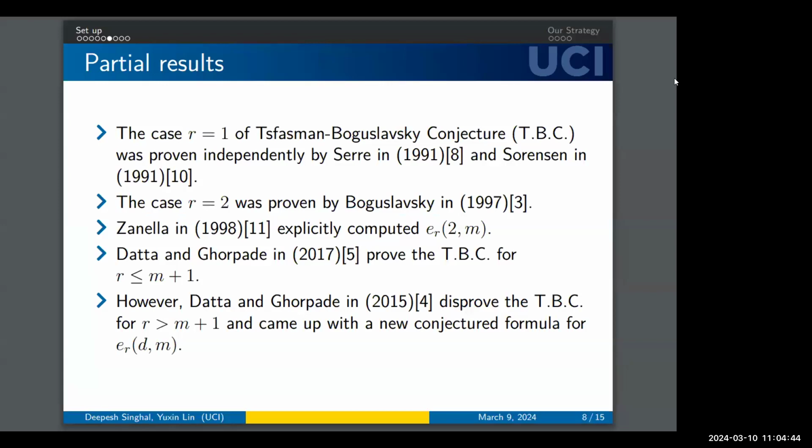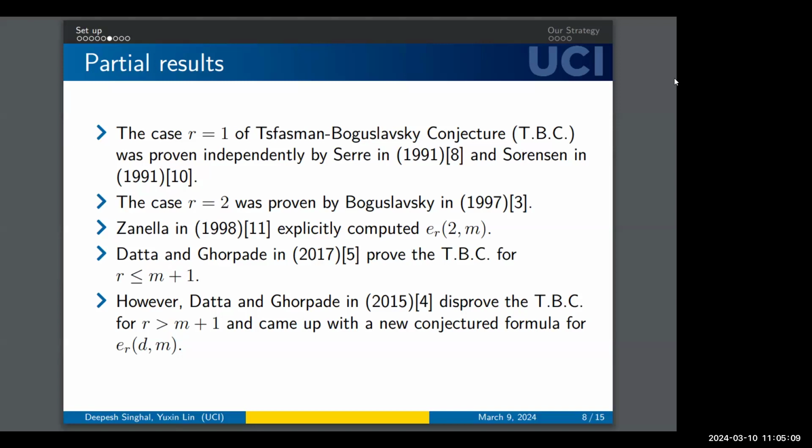Then some cases of this conjecture have been proven. The case r equals 1, in which you have a single polynomial, is asking for the maximum number of points on a hypersurface. This was proven independently by Serre and Sørensen.